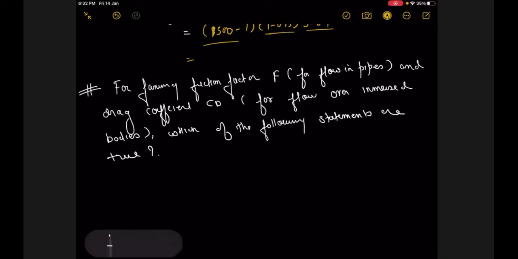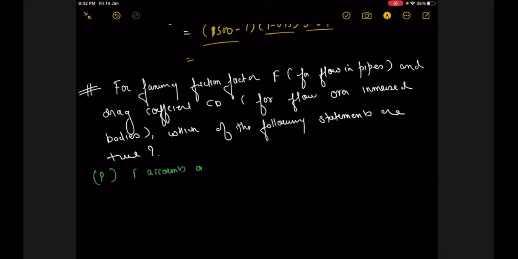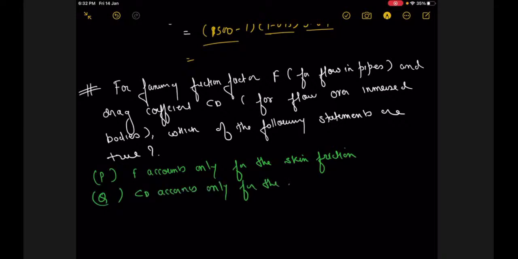Okay, so statements are given. P: F accounts only for the skin friction. Q: CD accounts only for the form friction.